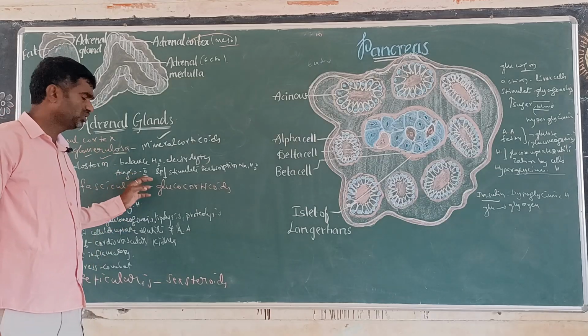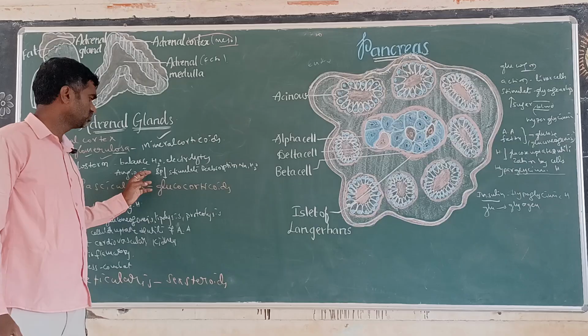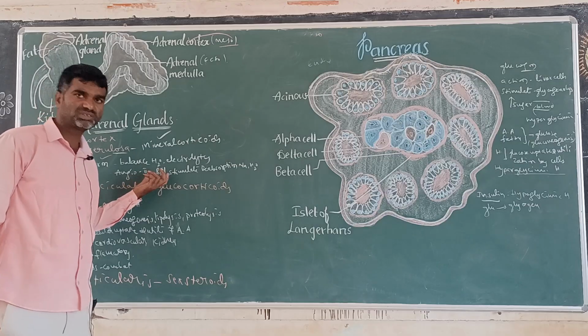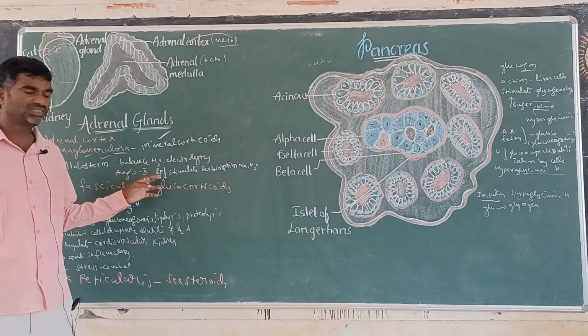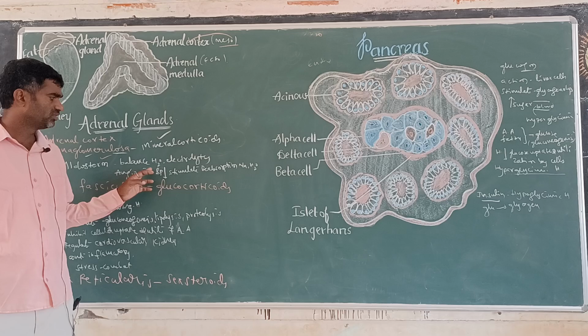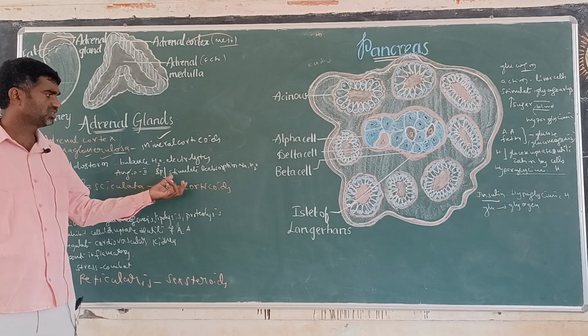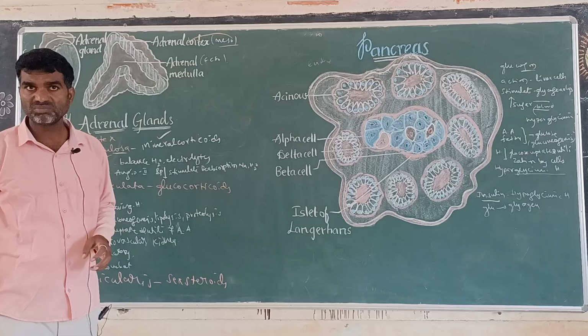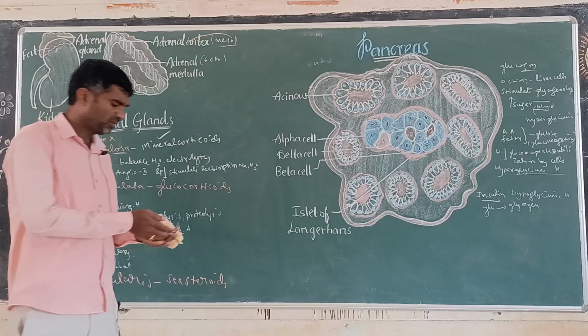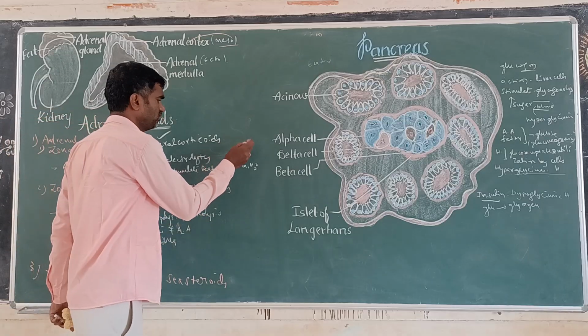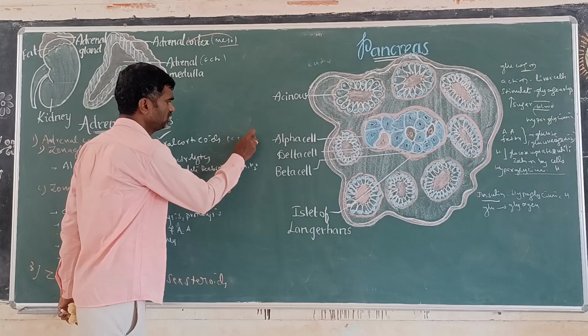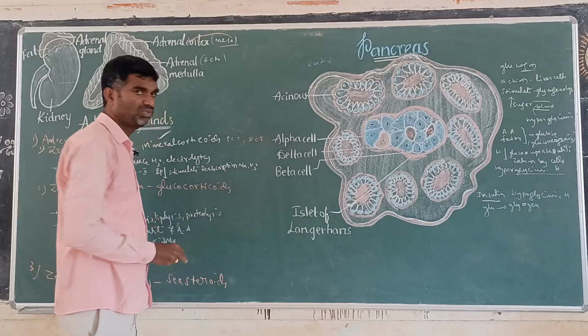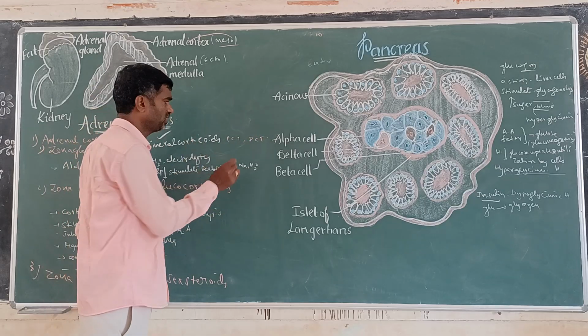When angiotensin 2 stimulates, blood pressure falls. When blood pressure falls, it stimulates reabsorption of sodium and water. We know about the PCT and DCT, the distal convoluted tubule, in the nephrons.